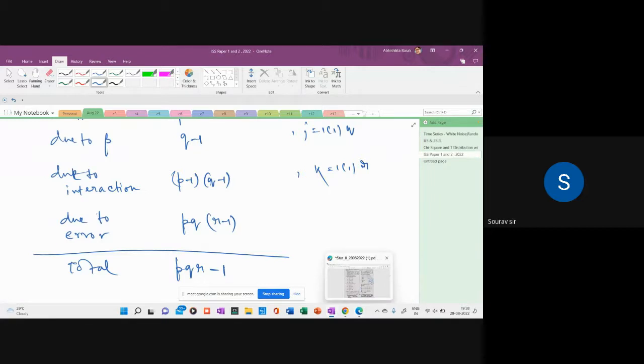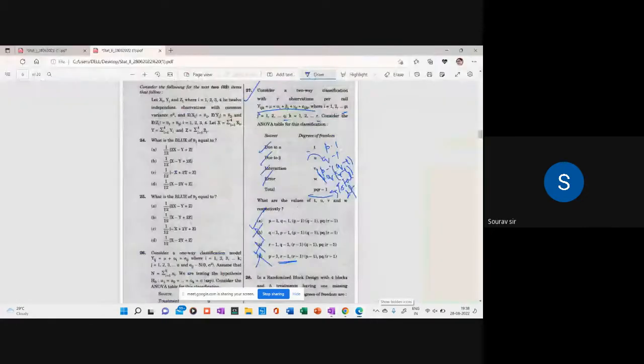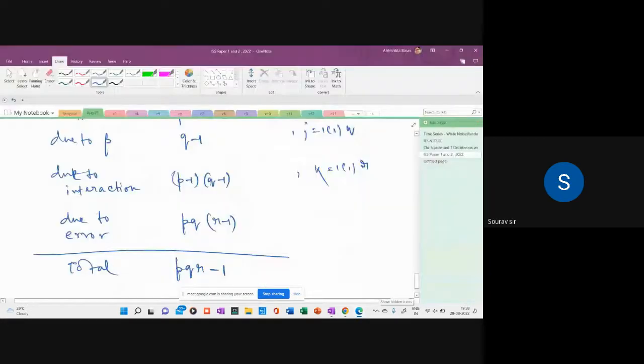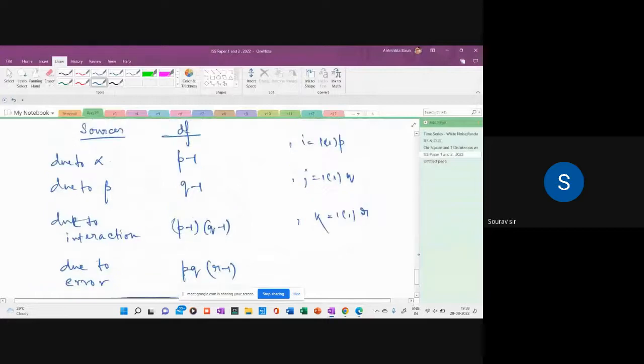So they have actually asked for, they have started from this TUVW. So they have asked for TUVW, and this was actually given.